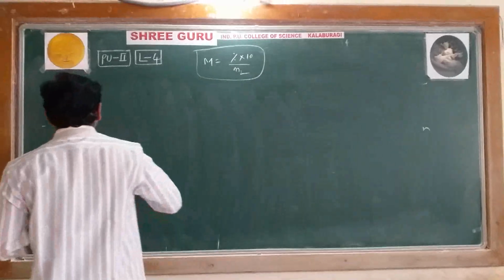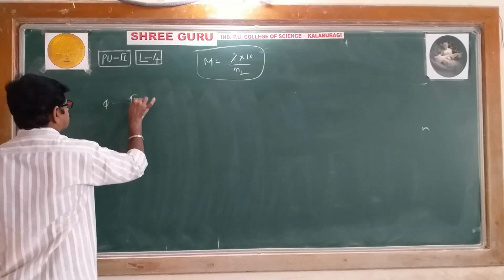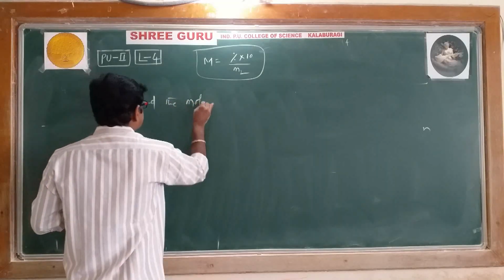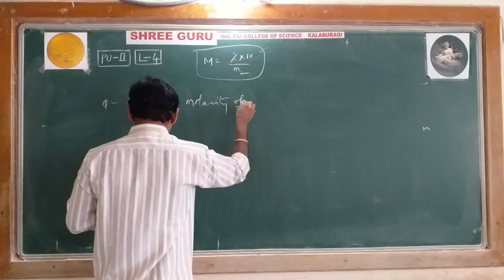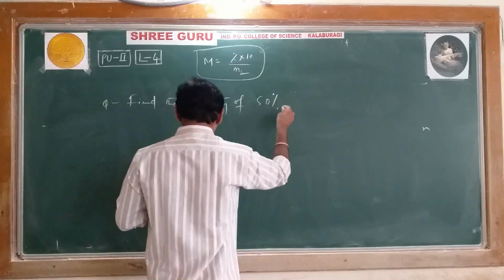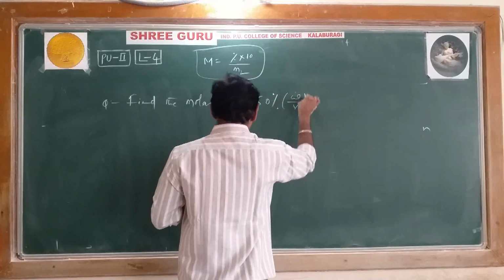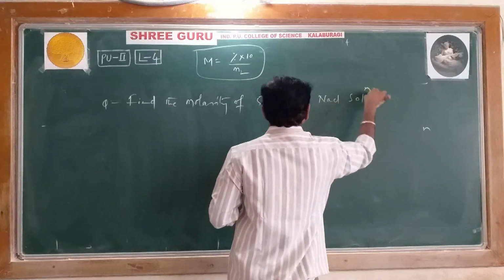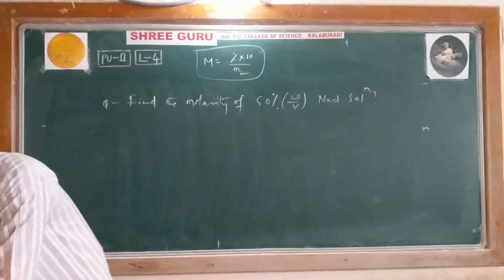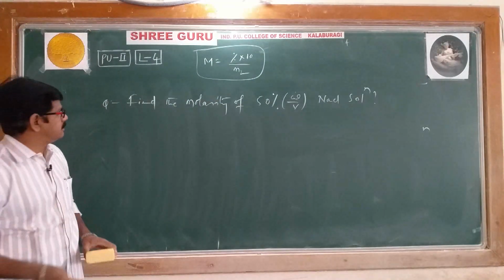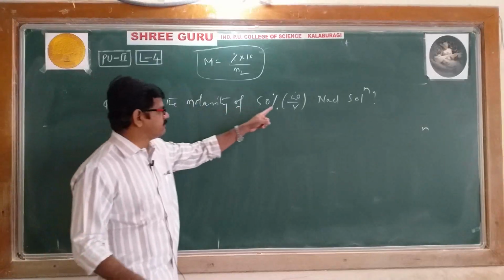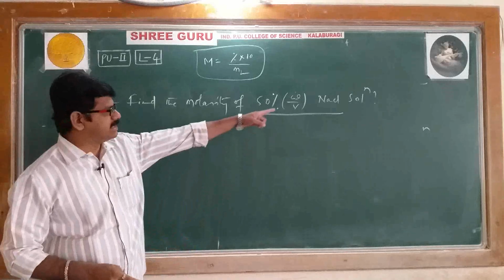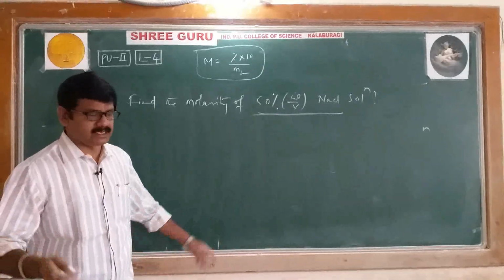The question is: find the molarity of 50% W by V NaCl solution.